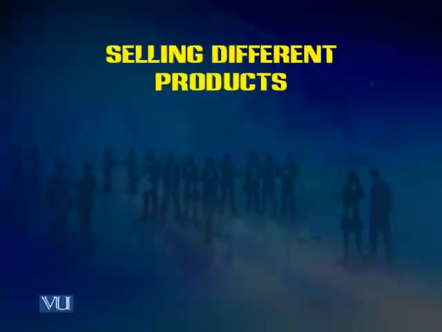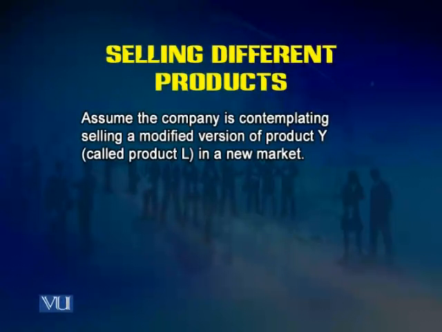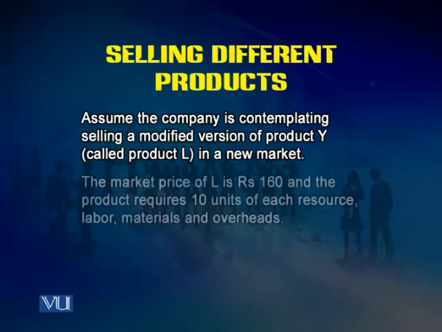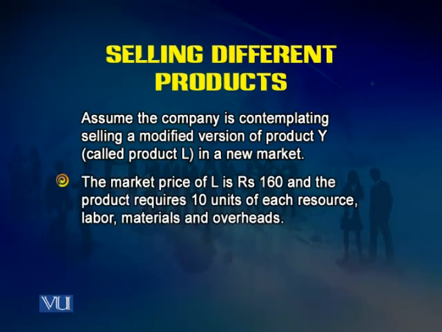Selling different products. Assume the company is contemplating selling a modified version of product Y called product L in a new market. The market price of L is rupees 160, and the product requires 10 units of each resource: labor, material, and overheads.